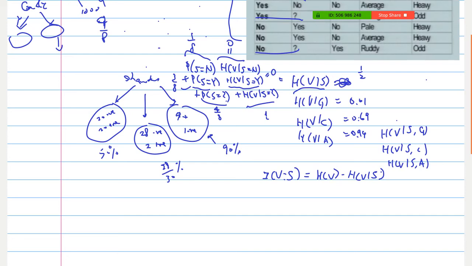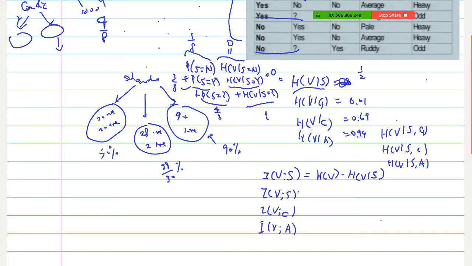So therefore, you're looking for the minimum conditional entropy given the test, but it's also the same as trying to maximize the mutual information.